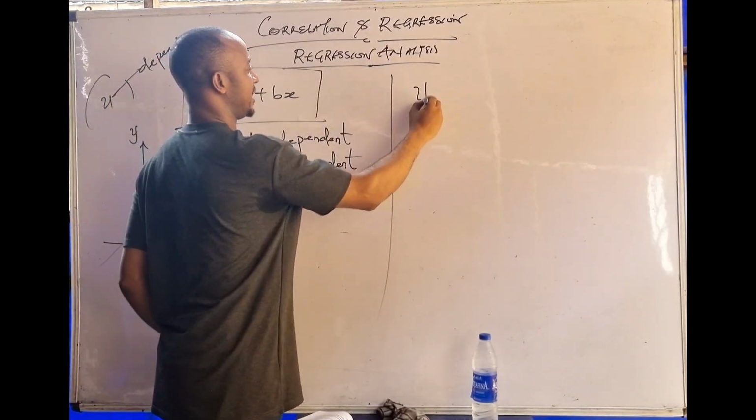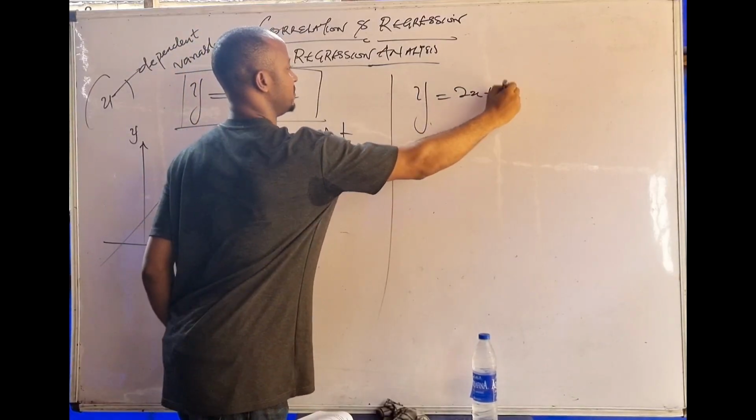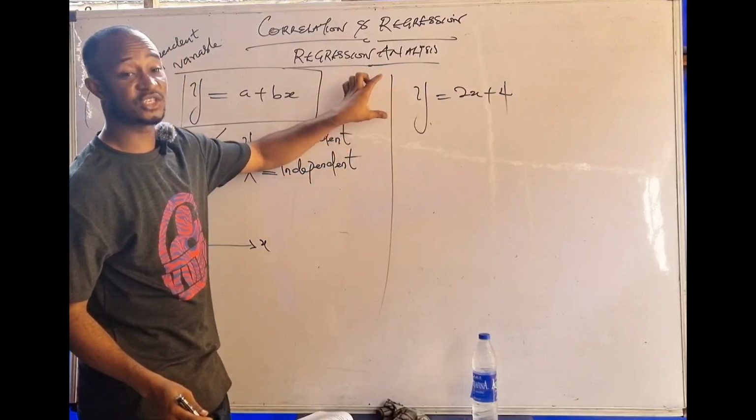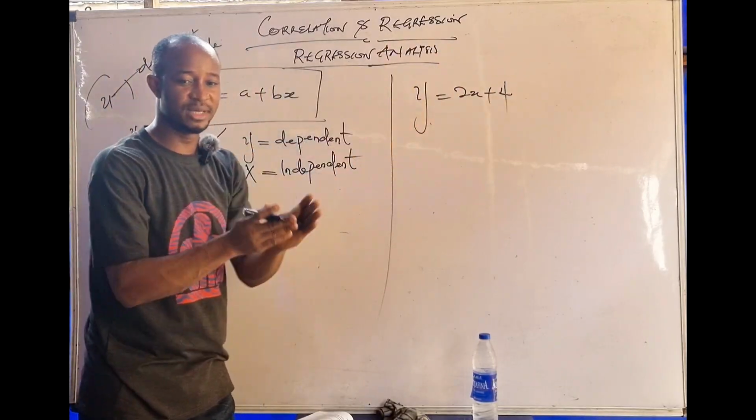If I have, let's say, Y equals 2X plus 4, this is also a regression equation, or a straight line equation. Regression means straight line.